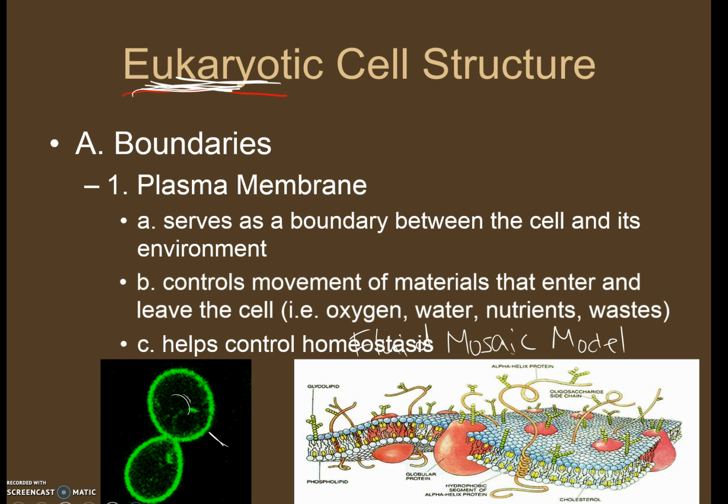So it is what is responsible for the balance of all parts of your cell. And remember, homeostasis from our first unit of information was the regulation of the internal balance in order to regulate conditions suitable for life.